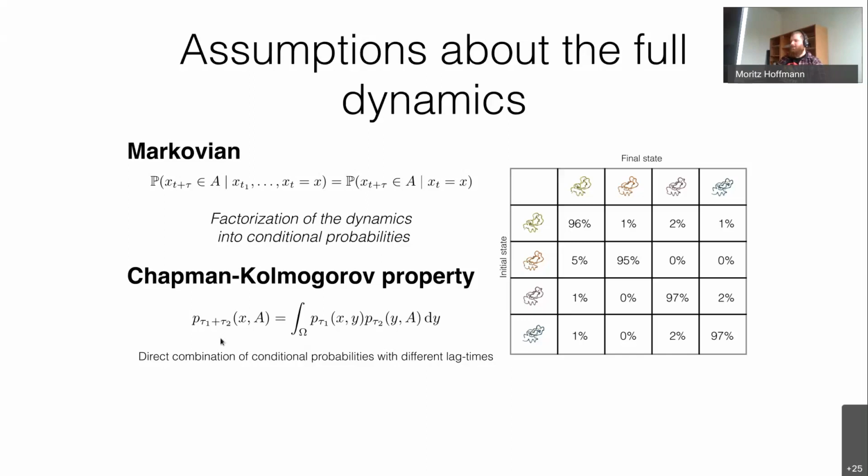We can evaluate our system at xt plus 2 tau by taking xt and then propagating it twice. Right? This is basically what the Chapman-Kolmogorov property tells you.